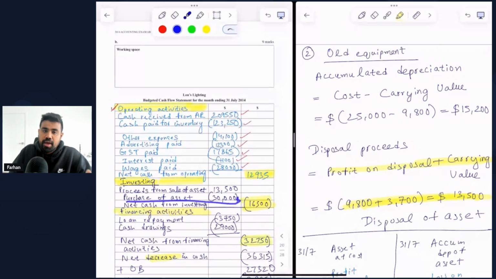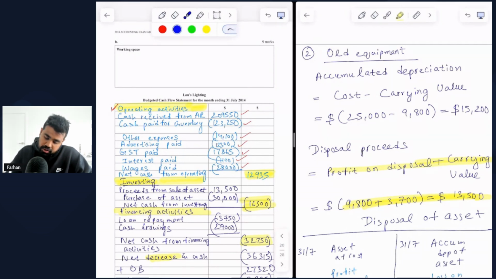Net profit is simply calculated by taking all the revenues and subtracting all the expenses. It has no record for purchase of any assets. It only records the depreciation, which is obviously not going to be substantial at all. So the purchase of asset of $30,000 is one good example that you could use as well.